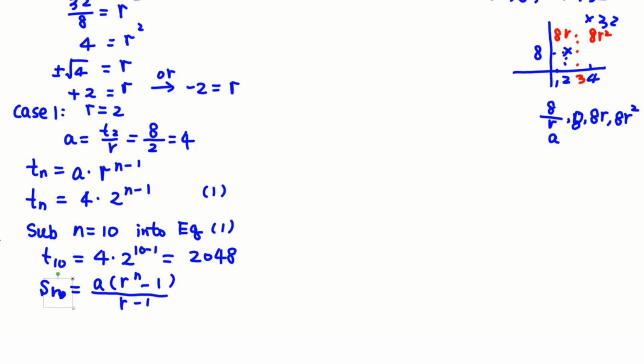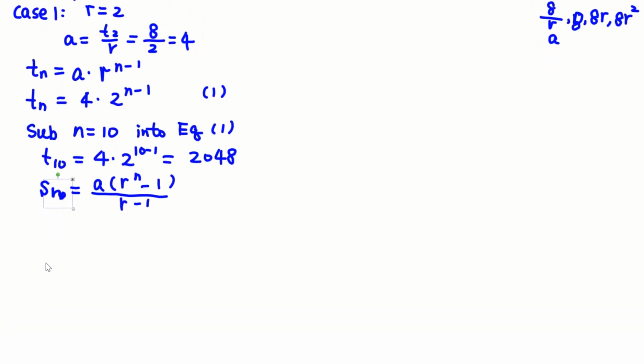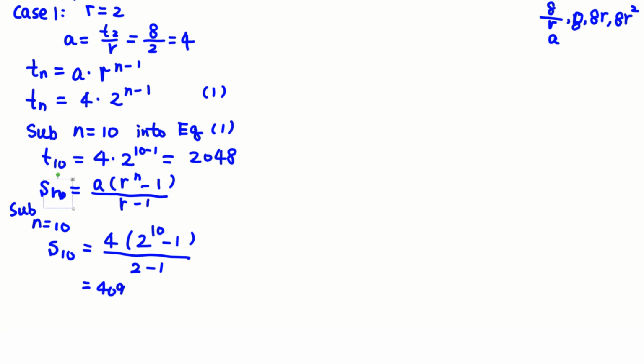When n equals 10, we sub n equals 10 and also a and r into this equation. We are going to have S sub 10 equals a is 4, r is 2, 2 to the exponent 10 minus 1, divided by 2 minus 1. Then do the calculation, we have 4092. So this is for case 1.